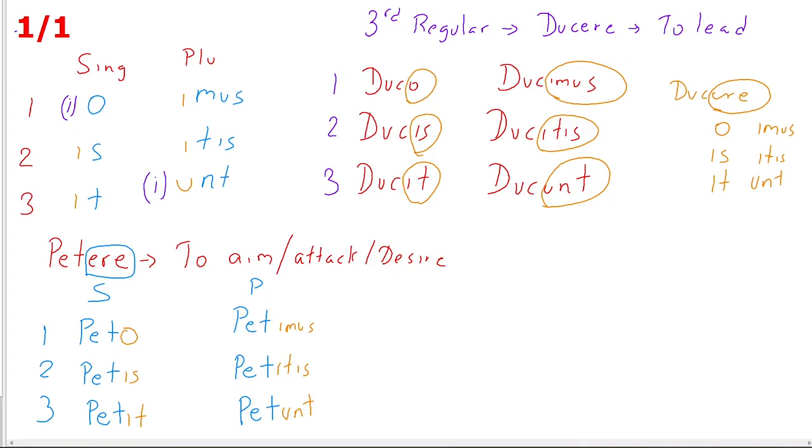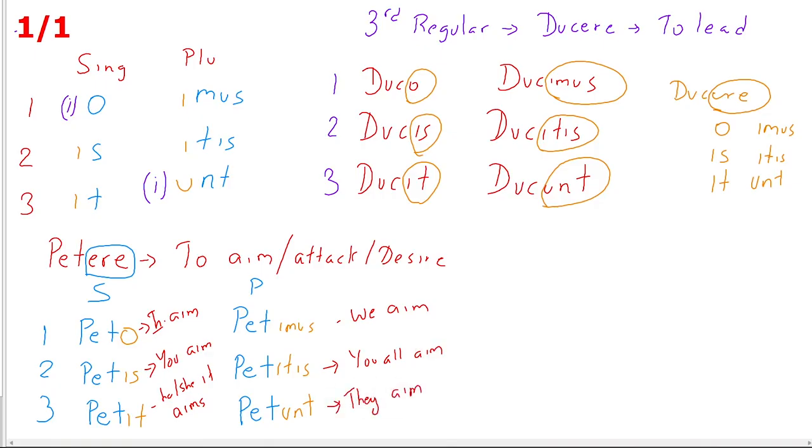So therefore, in this case here, peto would mean I aim, petis, you aim, petit, he, she, it aims, petimus, we aim, petitis, you all aim, and petunt, they aim.